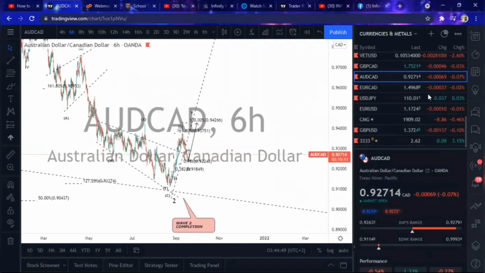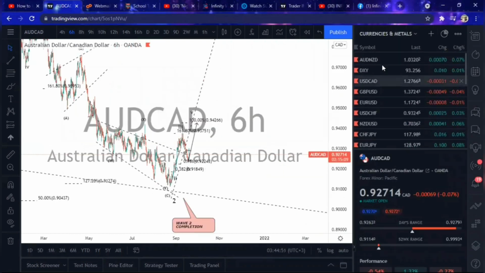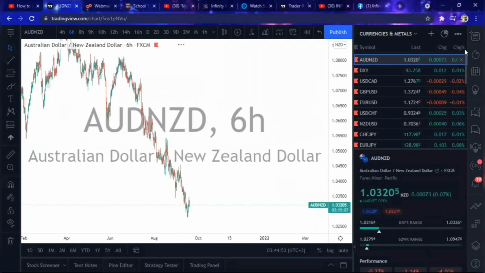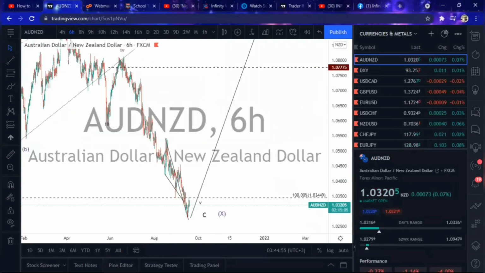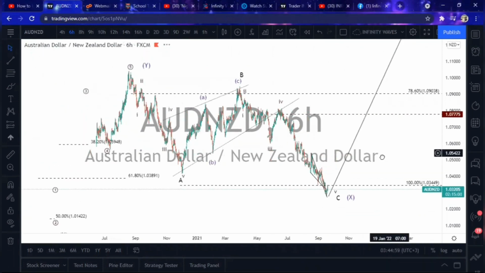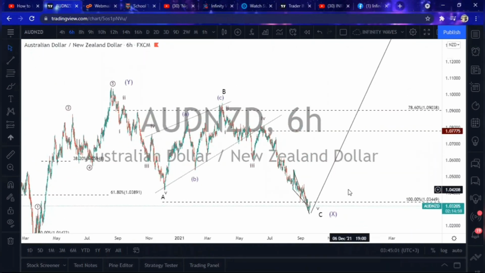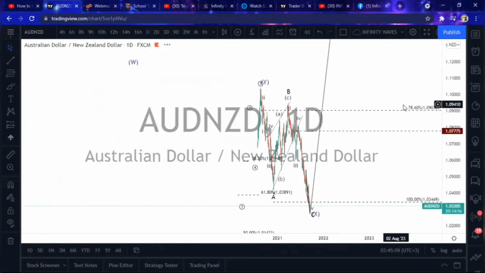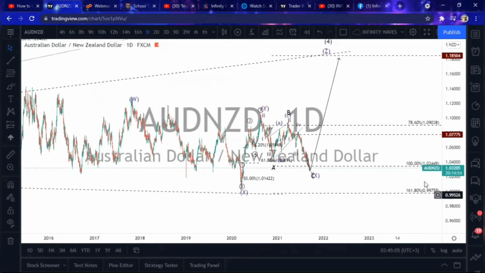So that's for Australian dollar Canadian dollar. Australian dollar New Zealand dollar as well, we'll be looking for buy setups for this pair. Long-term, it is supposed to be heading to these regions at 118,504. And as you can see, this price is forming an inverted head and shoulder.